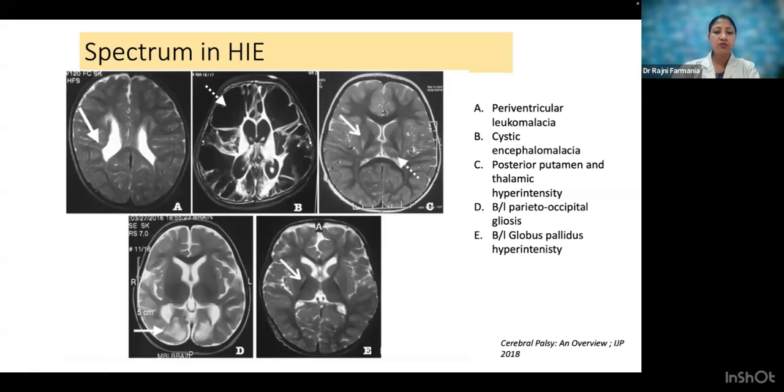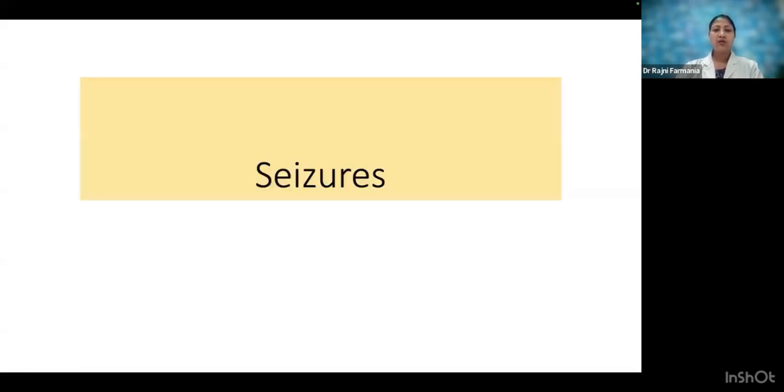As a clinician, we should leadingly ask whether there was a history of hypoglycemia in the neonatal period and the child was admitted. Here, this is globus pallidus hyperintensity. So this is a radiological marker of bilirubin encephalopathy in the neonatal period. So these are the 5 common MRI spectrum of radiological findings in HIE.